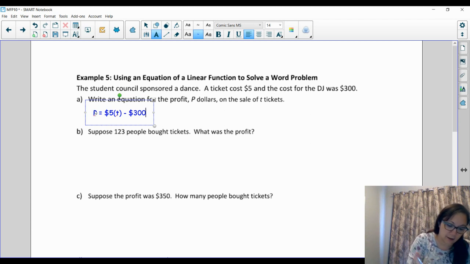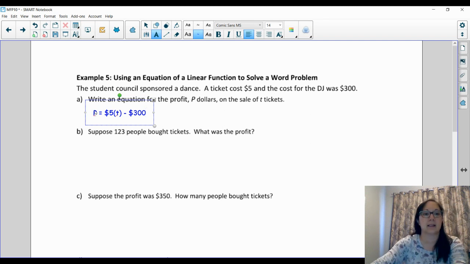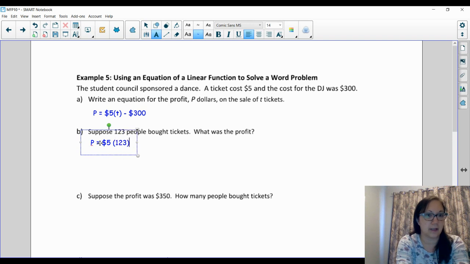All right, so let's figure out what happens if 123 people purchase tickets. Okay, so how much money are we going to make? Are we going to make any money even? Let's see. So we're going to put in our values here. So our profit is going to be $5 times the 123 tickets that were purchased, but we have to subtract the $300 for the DJ.